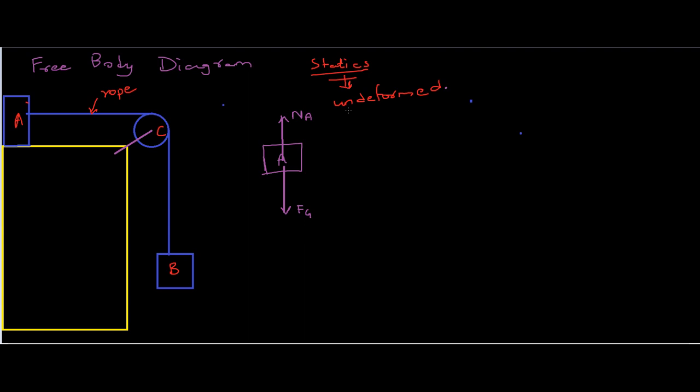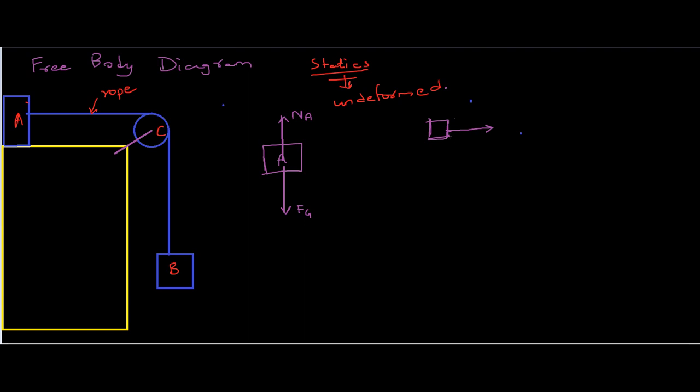Now there is a rope attached in this direction, so the rope must be pulling it in this direction. There is a very important thing: a rope can only pull; it doesn't push. The direction of the force is always going to be pulling the block.